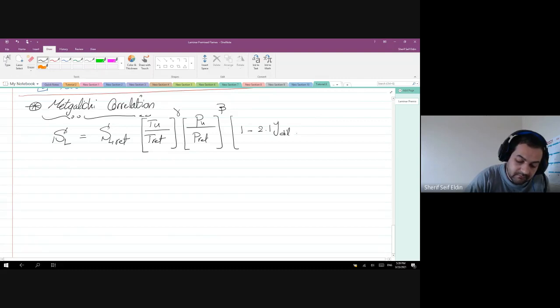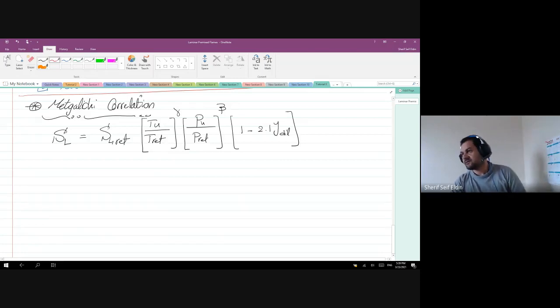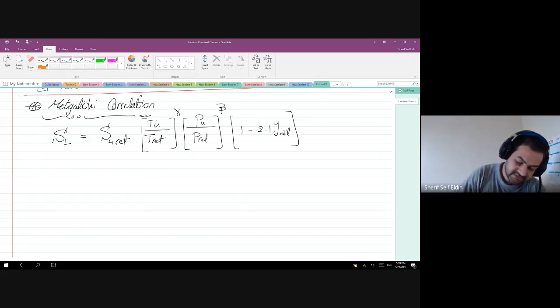Y dilution. Dilution is the amount of excess air entering the combustion chamber for cooling. All right? So dilution is the dilution air, right?